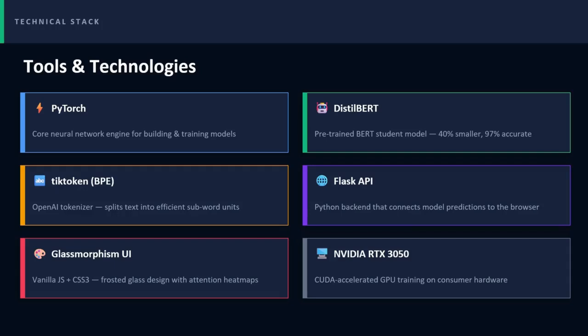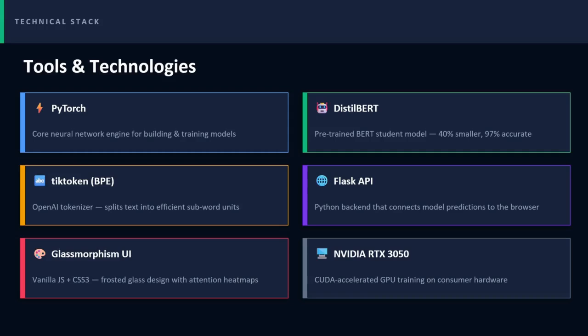So when coming to the technical stack, that is the tools and technologies I used here, this project uses a combination of deep learning and web technology for the user interface.